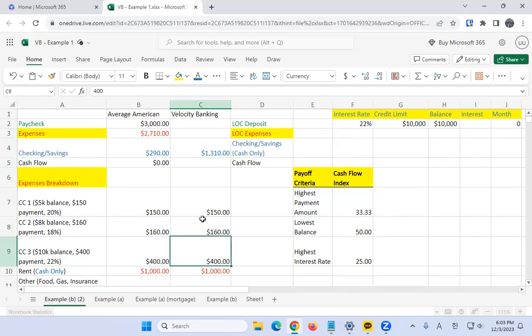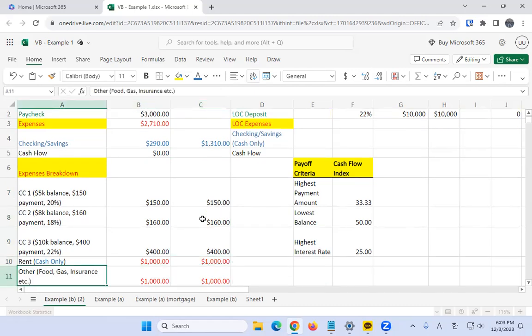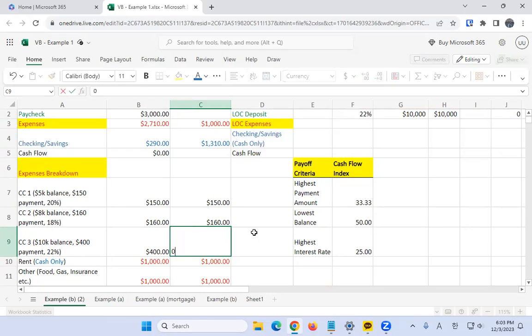Now, what are our expenses that we're going to pay from the line of credit? We're going to pay this other food gas into the line of credit. Okay. Now, here's the thing. With this credit card 3, when we use this as a velocity banking account, this actually goes to 0.